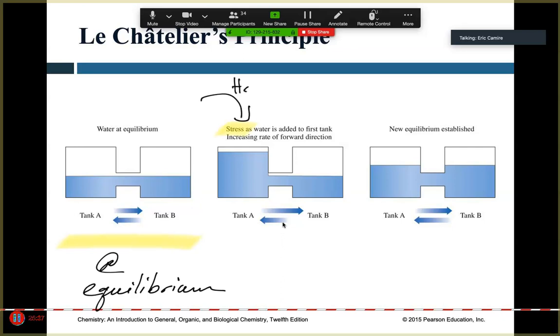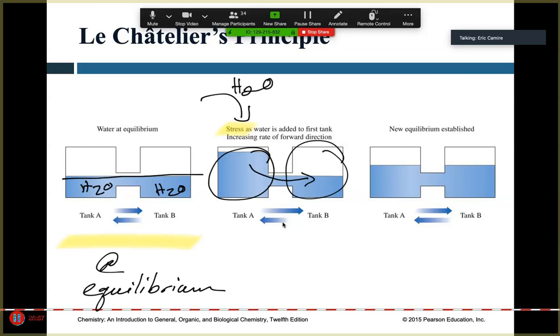I dumped a bunch of H2O into one side of the container. Here, you can see there's some water here, some water here. It's at equilibrium because the level of water is the same. Nothing's moving. I dump more H2O in. Now there's too much on this side and not enough on this side. And we all know what happens here. The water's going to flow from high to low until a new equilibrium is reached.